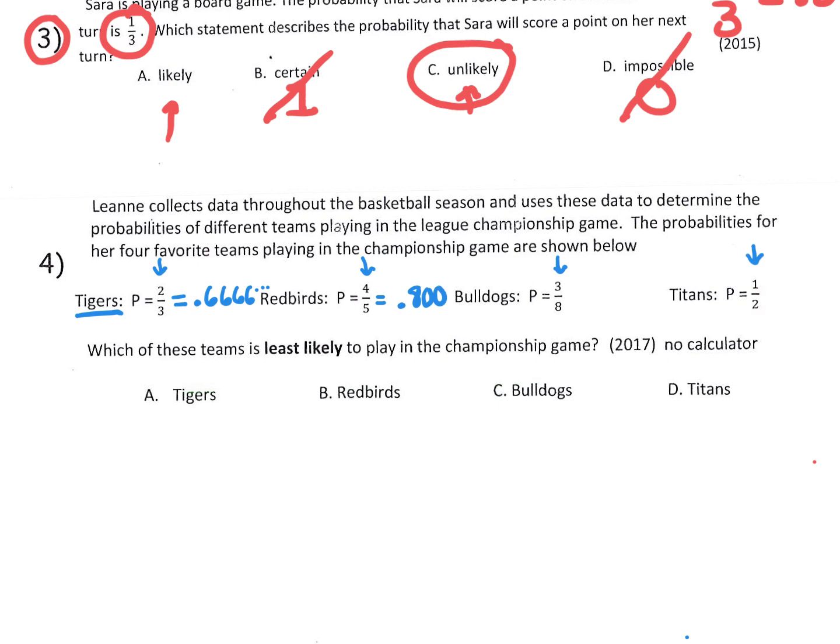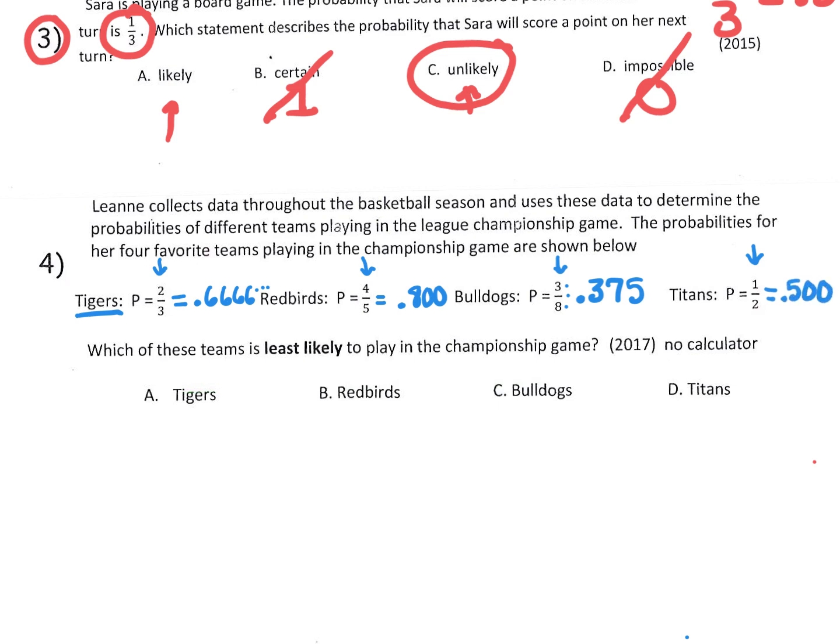For the bulldog, punch in 3 divided by 8. You should get 0.375. And lastly, we should know that 1/2 is equal to 0.5, but I'll add a couple zeros for comparison's sake.